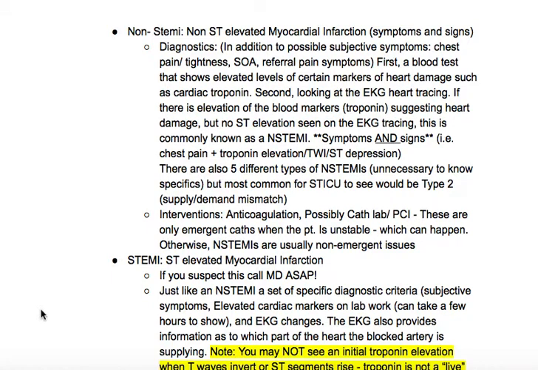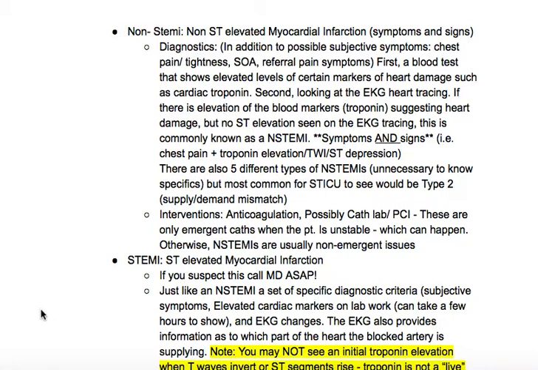So bouncing down to, again, a non-STEMI, which is a non-ST elevated myocardial infarction. Infarction meaning cell death is occurring. The difference between these two, non-STEMI and STEMI, is that with angina you had just symptoms and no signs, and I mentioned that.